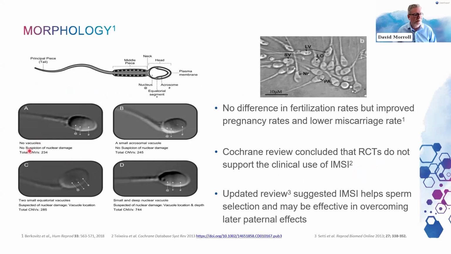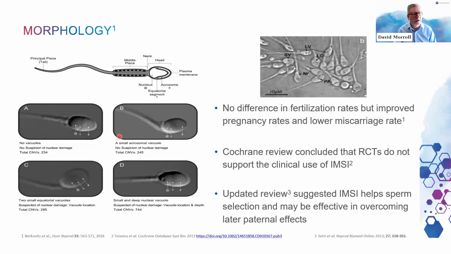This paper from Berkowitz and colleagues is quite old now, but what it demonstrated was that it wasn't so much about the number and the size of the vacuoles, which is what we generally looked at when IMSI was first introduced. It's actually the location, particularly the equatorial segment, and the depth of the vacuoles, whether they are central in the head of the sperm rather than peripheral, that makes a difference.